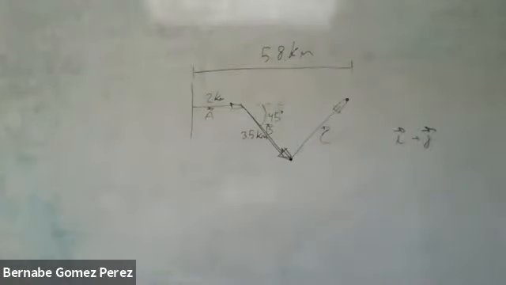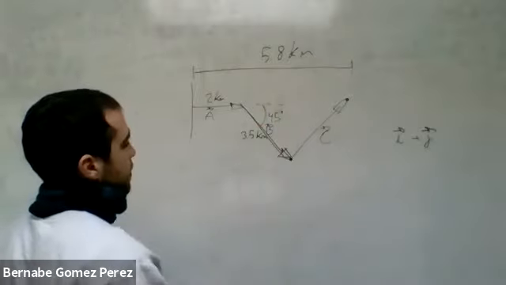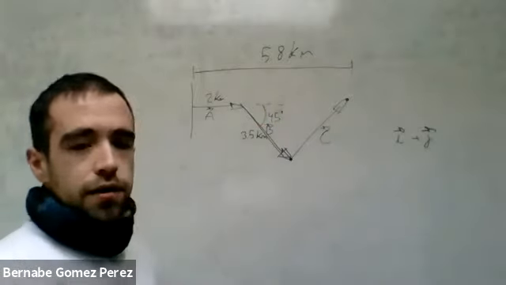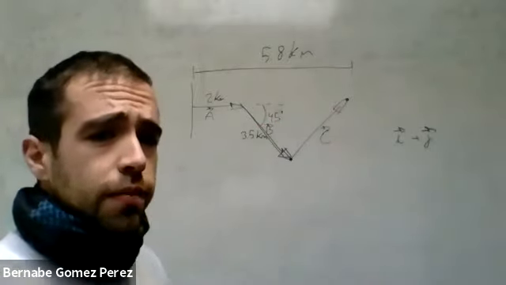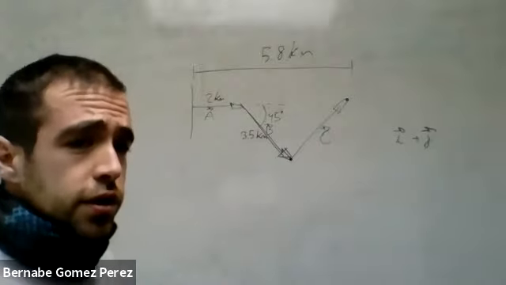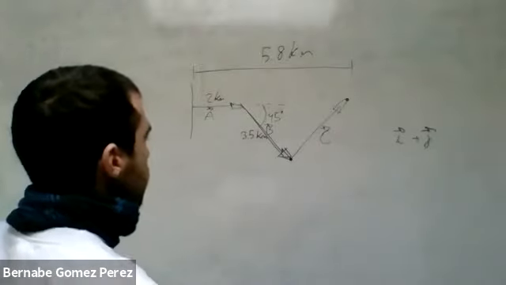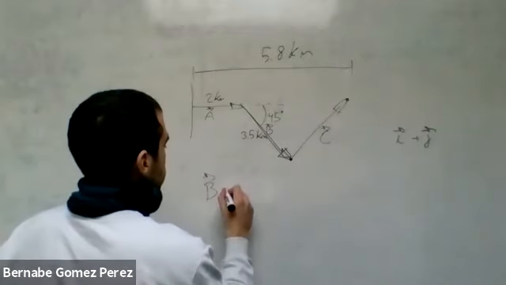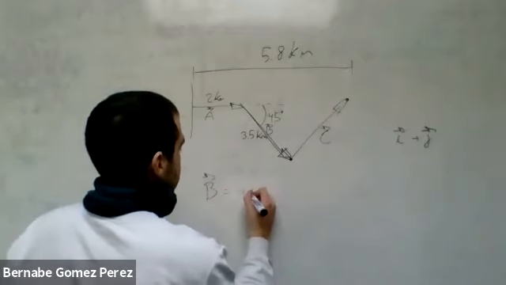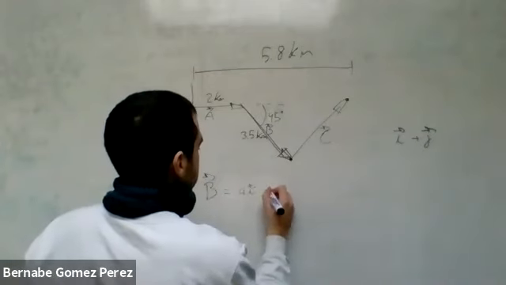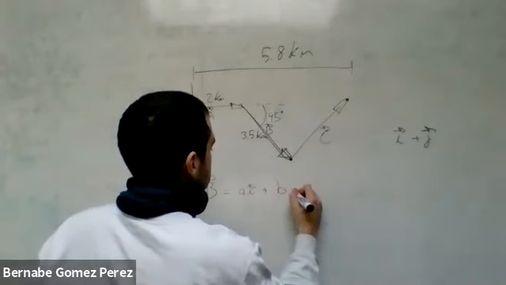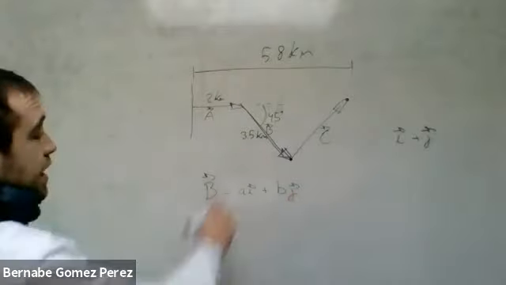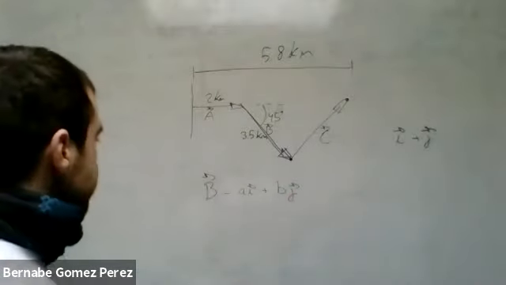So first of all, we know that this is 45 degrees, which means that the I and the J components are gonna be equal. Does this make sense? So in B, I know that it is AI plus BJ. I know this is negative, but B can be a negative quantity, right?